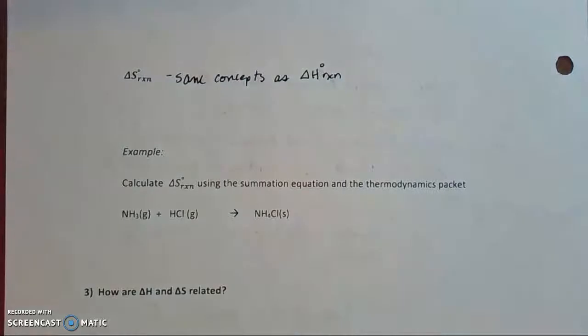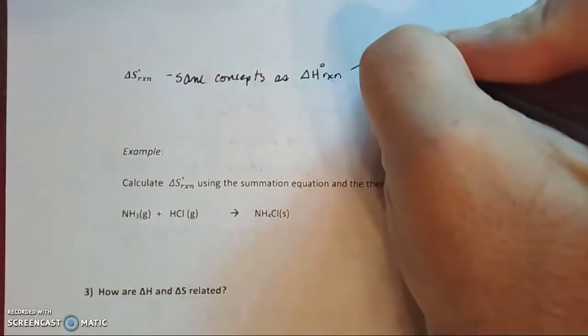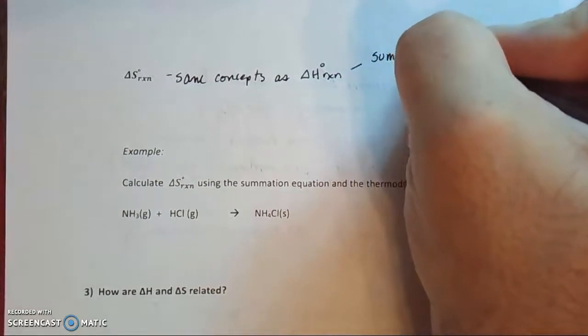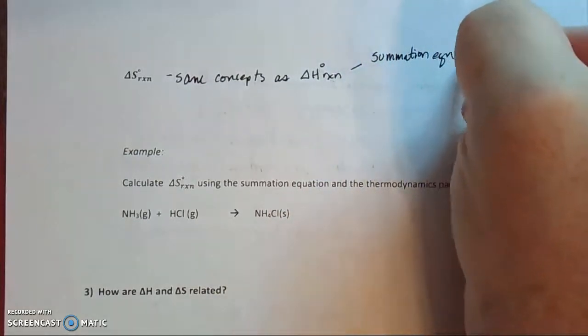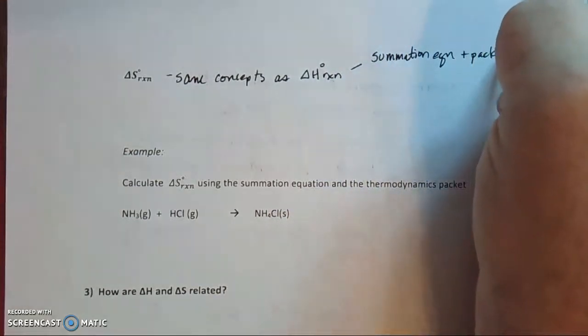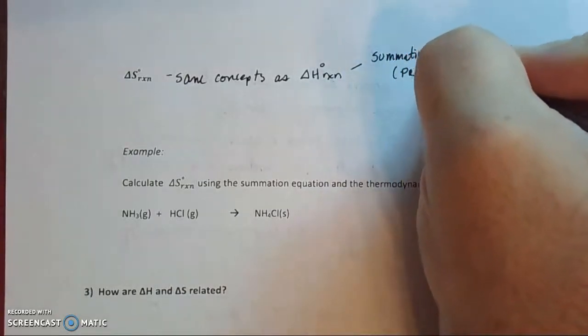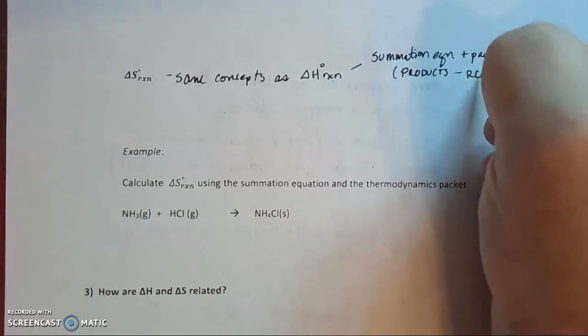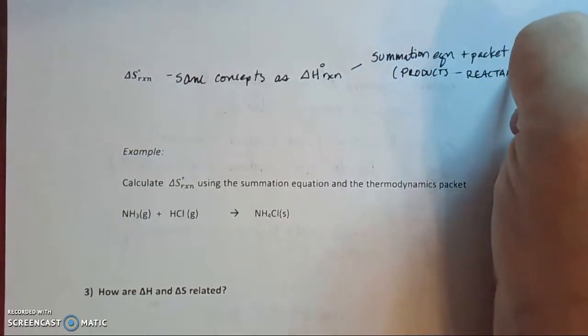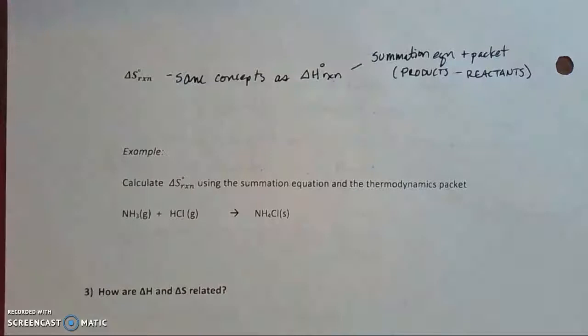So we can use the same methods to calculate delta S as we did with delta H. So we can use the summation equation and the packet. So that is products minus reactants, except this time we're going to use the middle column of numbers.